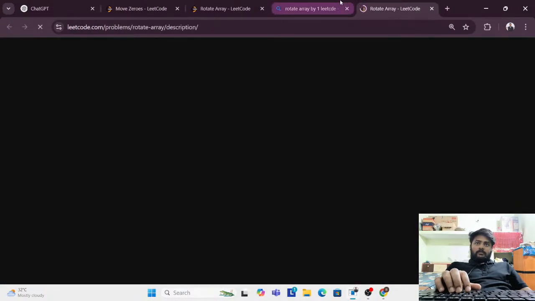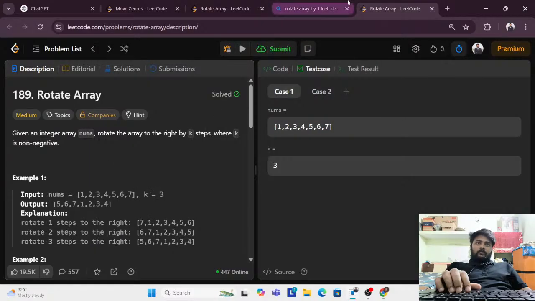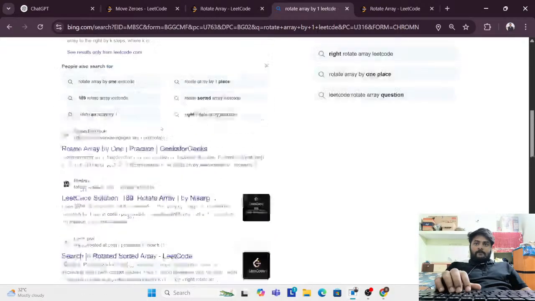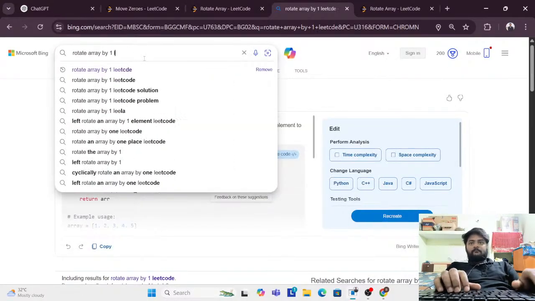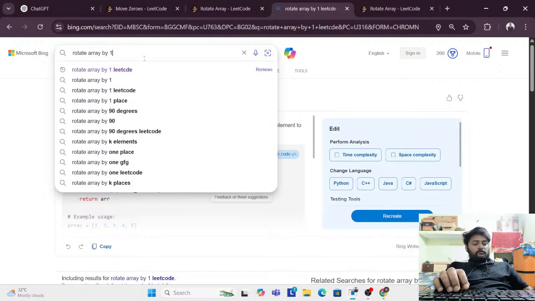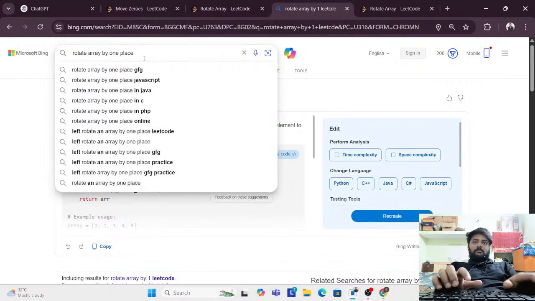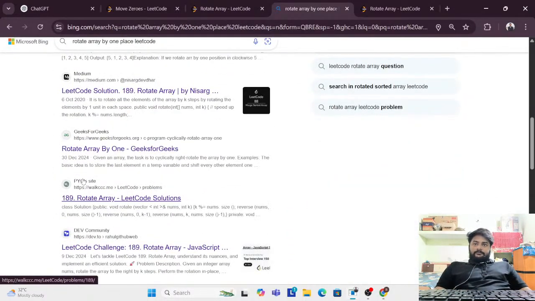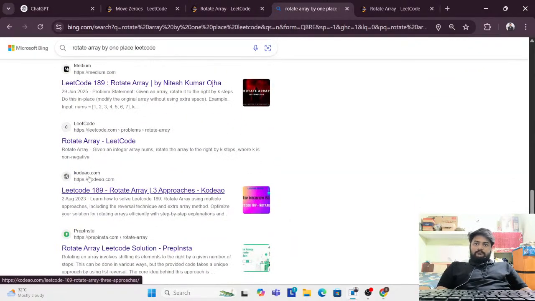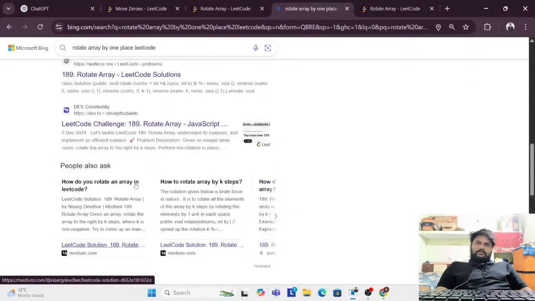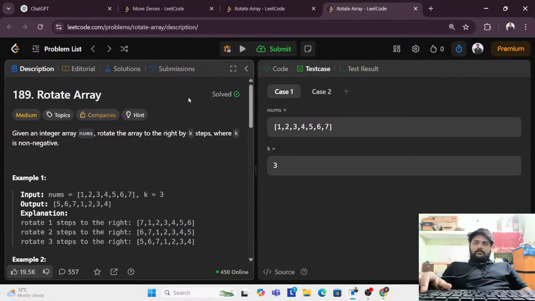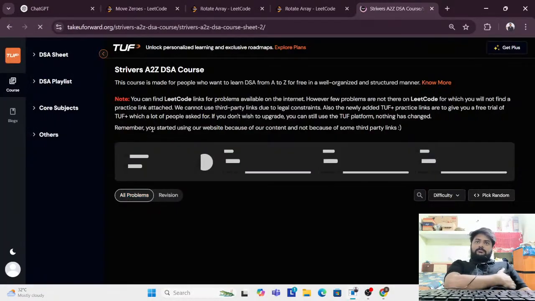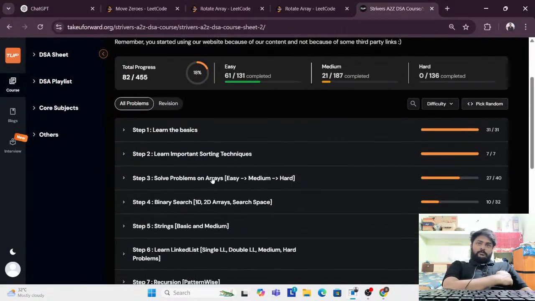There was one question, rotate by one place, on LeetCode. I don't know where it is. Maybe I can find it on the driver sheet.